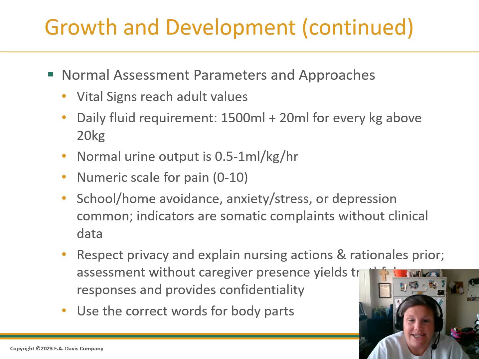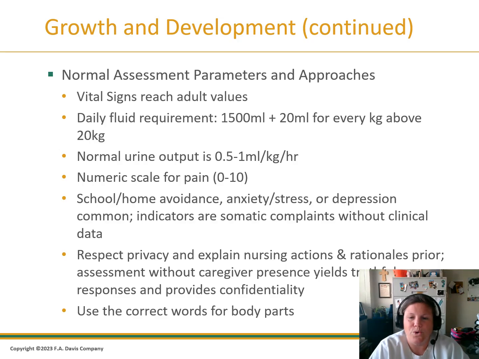So 510 added to 1500 means that the patient would need roughly 2000 mils for their daily fluid requirement. I know that probably was hard to imagine because it's just being spoken and not visually illustrated, but if you need to repeat it, rewind and write down as we go.